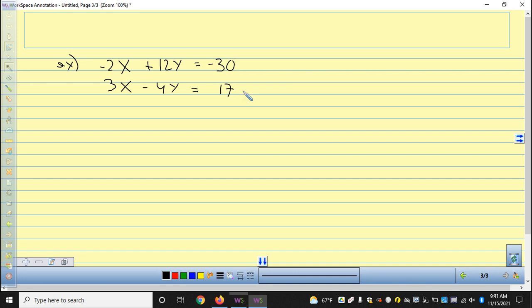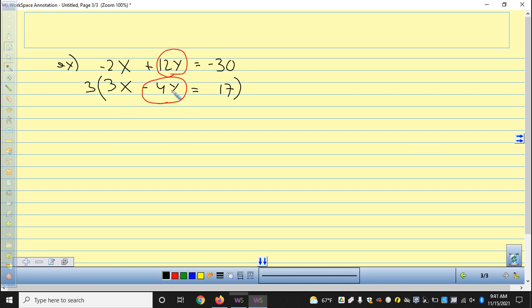In this situation, we can multiply by some other number to get what we want. So I'm looking at this 12y and this negative 4y. Could we multiply this negative 4y by something and make it negative 12y? Yeah? Let's multiply by 3. I'm going to multiply this whole equation by 3.